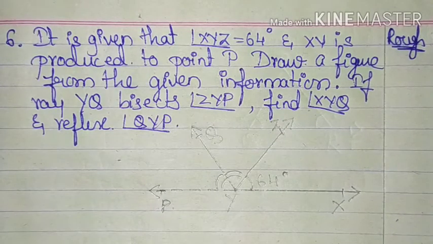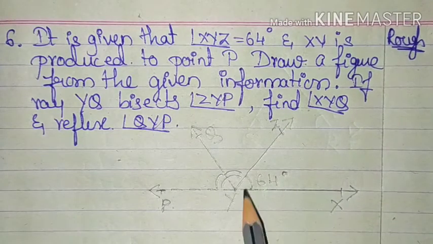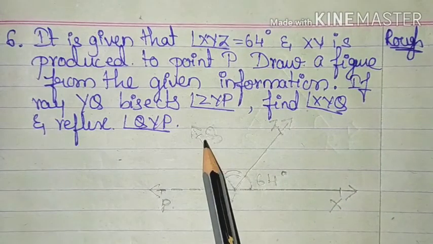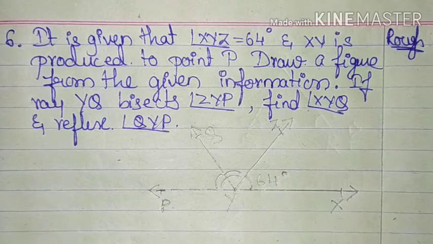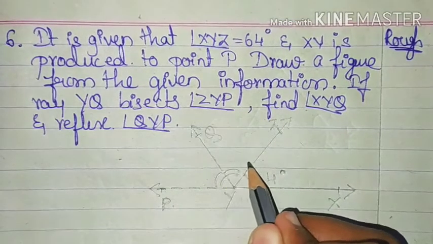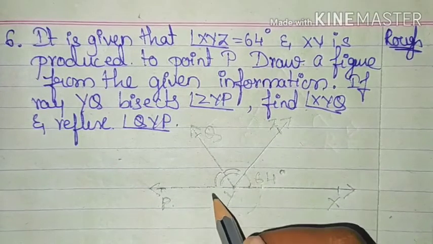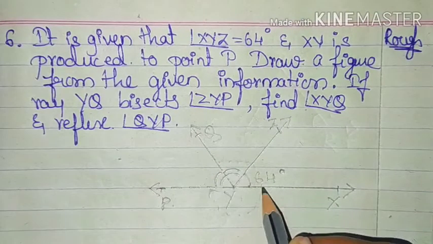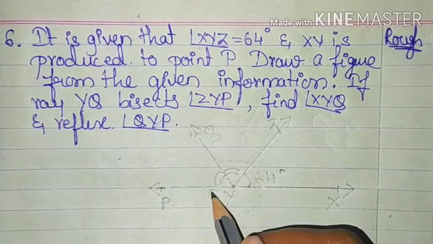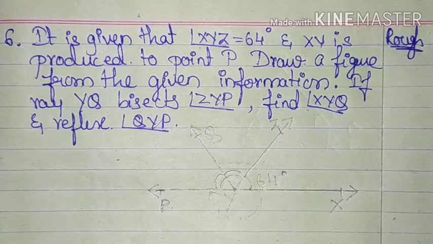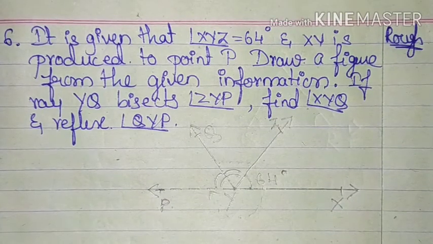We have to find angle XYQ, and also the reflex angle QYP. This is the reflex angle QYP, from a point on ray Q to some point on ray P. So let's start working out our problem now.